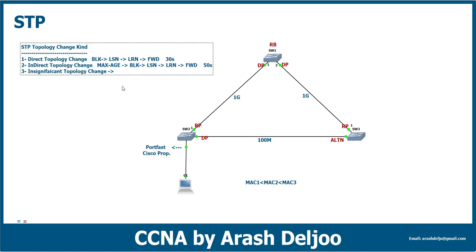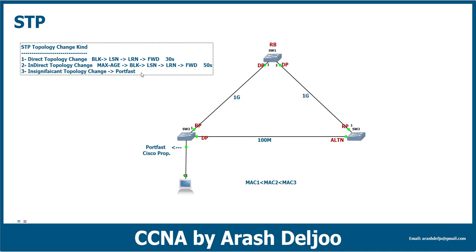This feature is called PortFast. PortFast means a port that does not need to pass from the blocking state to listening, learning and then forwarding. In PortFast we are bypassing the port from the block to forward state. We can say we are jumping from the block to forward state. It is so useful when you are connecting one PC or computer to one port of the switch.